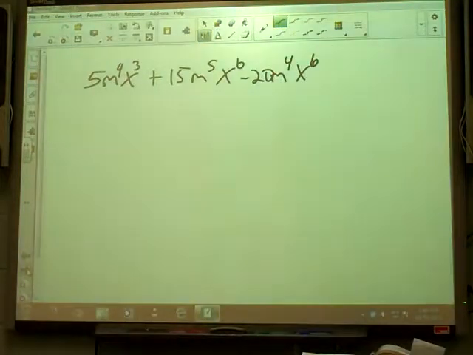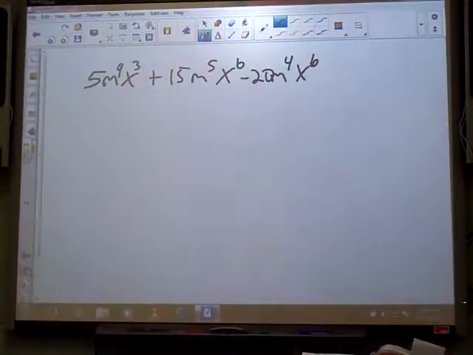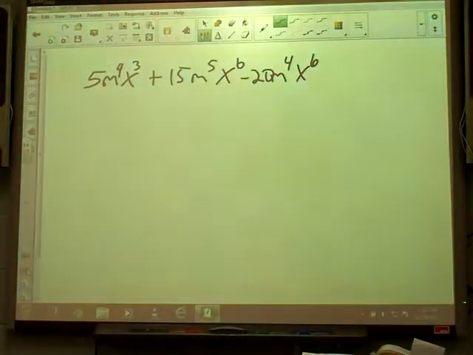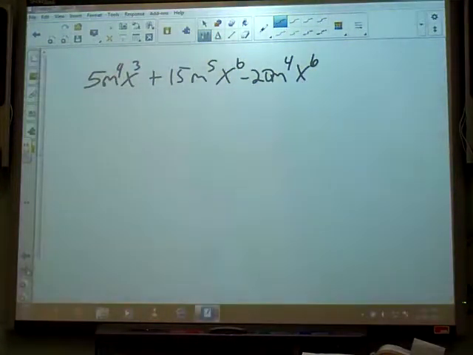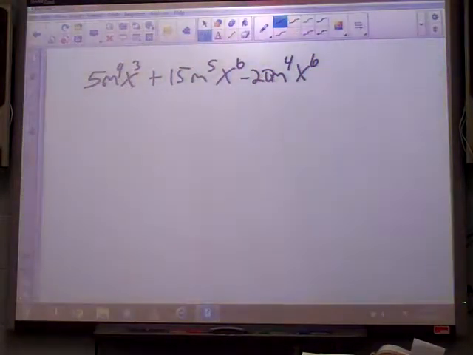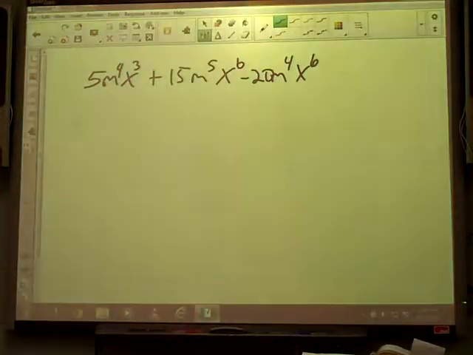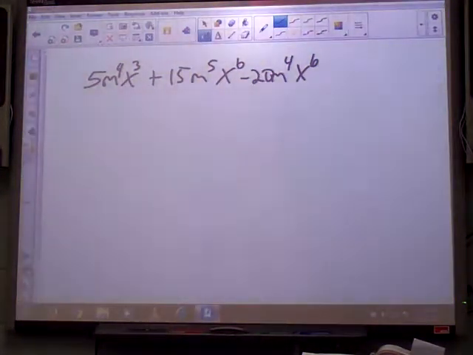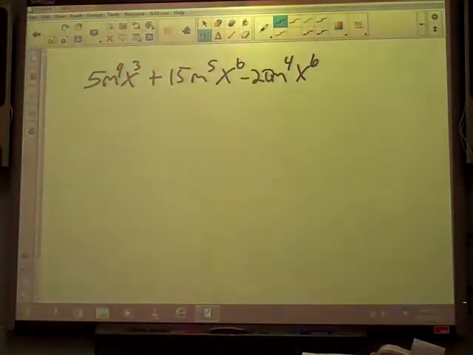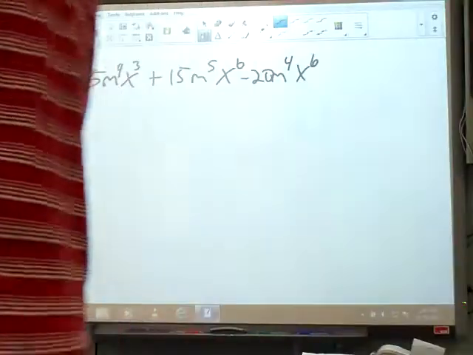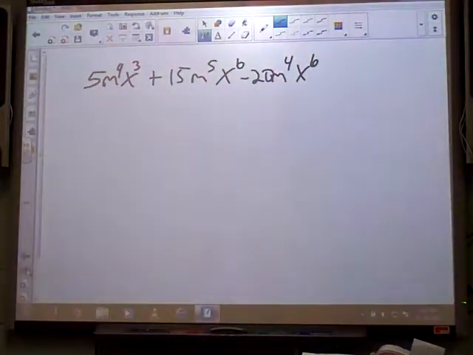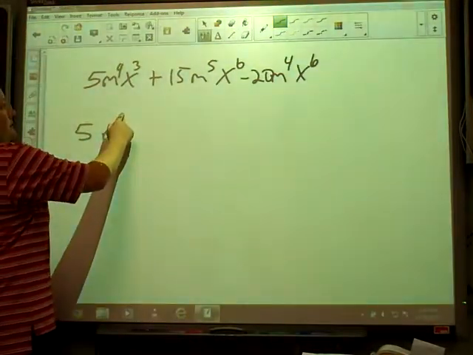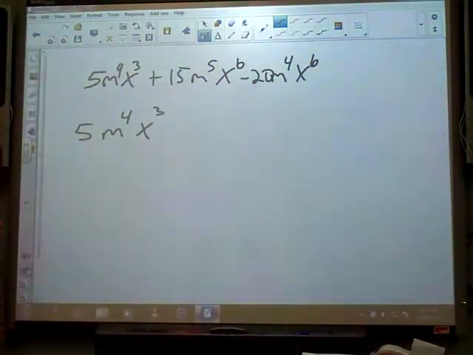Still do 5, right? The GCF, our coefficient, 5. 5m to the 4th x cubed is what Mason said my entire GCF is.